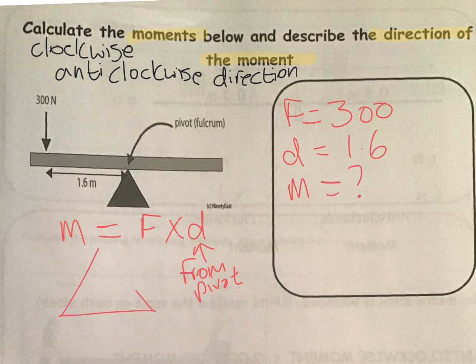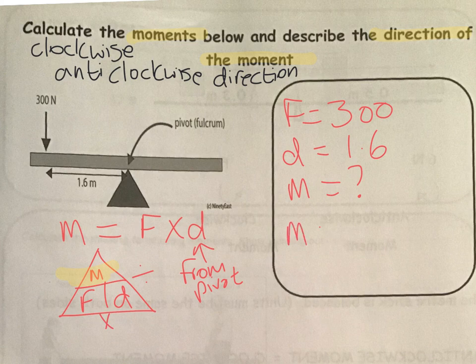So using our formula, we know that moment equals force times distance. Just remind ourselves of the triangle. That's the one that we're trying to find. So they've asked us to find the moment. You put your finger over the thing that you want to find, and we know then that it's force times distance.